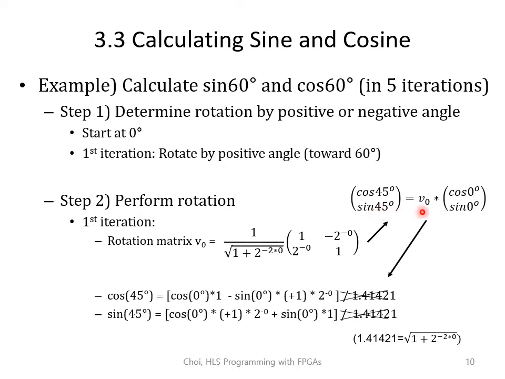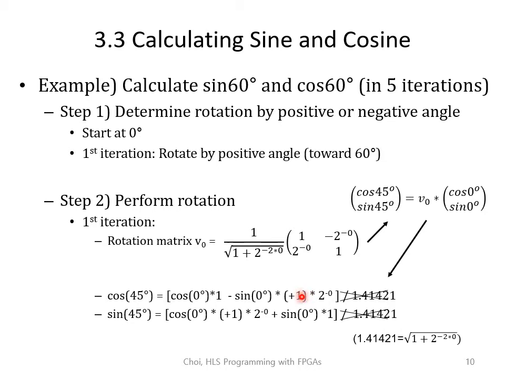So let's do this matrix vector multiplication. So cosine 45, this one, equals cosine 0 times 1, minus sine 0 times plus 1.